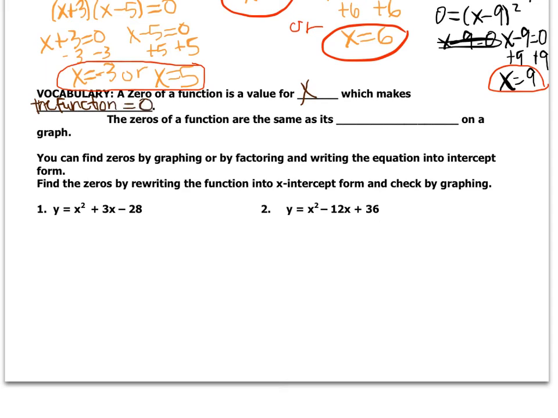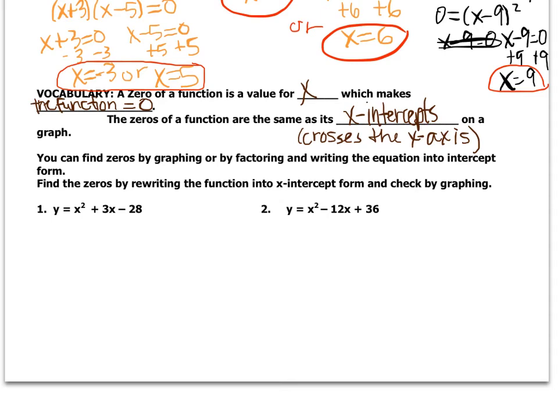The zeros of a function are the same as its x-intercepts. And you know what the x-intercepts are. You can remember that. The x-intercepts are where your graph crosses the x-axis. And we've done some graphing with x-intercepts. So zeros are the same as the x-intercepts on a graph.